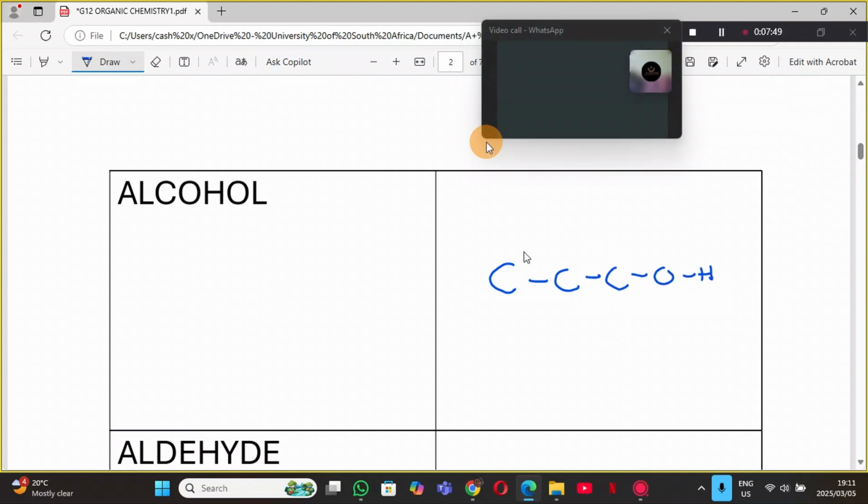Okay, so now my C's need to have my 4, right? And there we go. So that would be an alcohol. Now with an alcohol, remember, we now have 3 types. We have a primary alcohol, we have a secondary alcohol, and we have a tertiary alcohol.